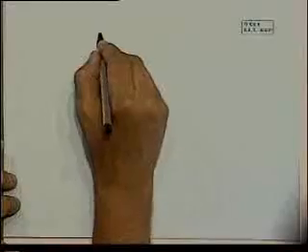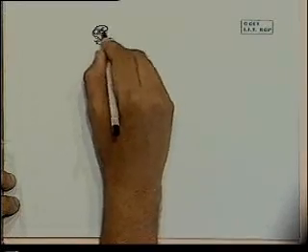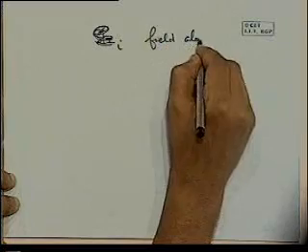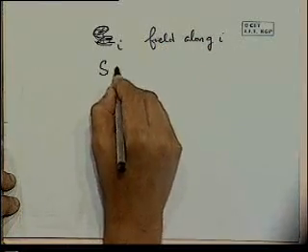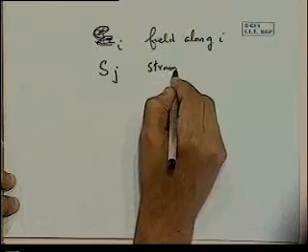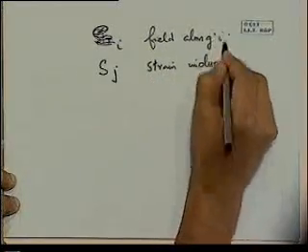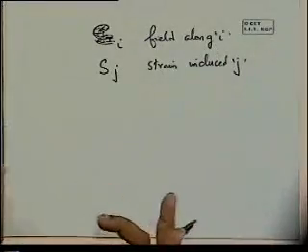It turns out that if you look at the opposite effect, namely that I'm going to apply a field along I, and the strain that is induced is along J. So I put along I the electric field, and I'm looking in which direction has it changed its dimensions.